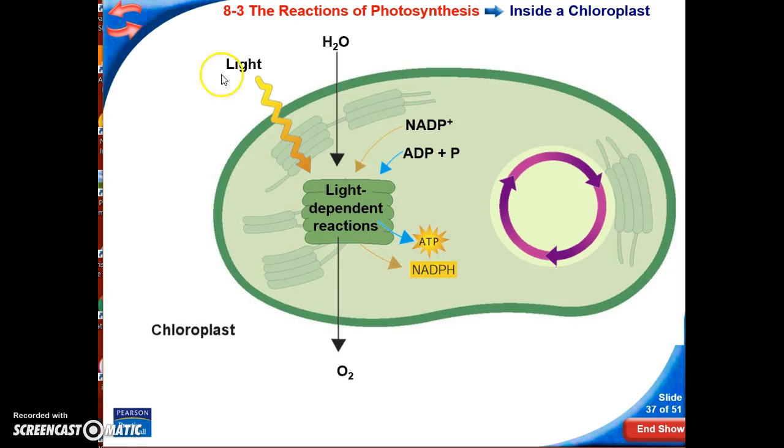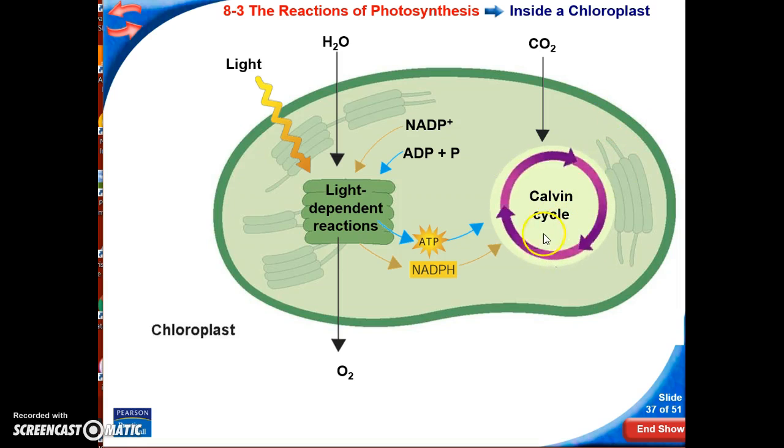The other product that we get from the light-dependent reactions is oxygen. So now the purpose of the NADPH and the ATP is to provide energy in order for the next part of photosynthesis to occur. And so the next part is called the Calvin cycle.